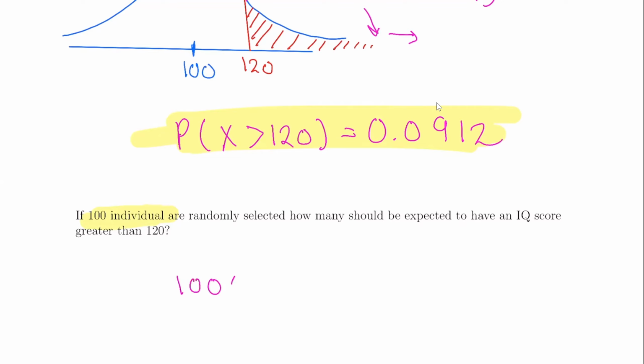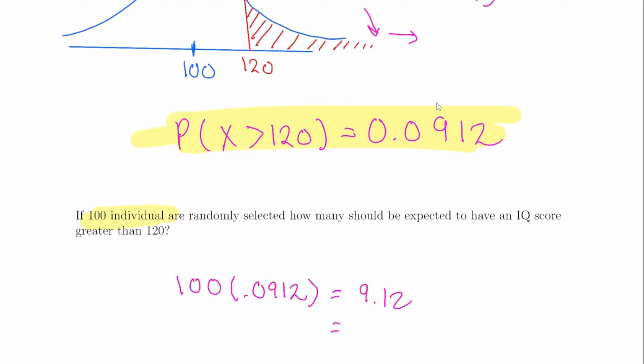To figure that out, all you have to do is multiply how many people we have by the percentage of people who should have an IQ score greater than 120. There you go, 0.0912. If you multiply those two values, you get 9.12.